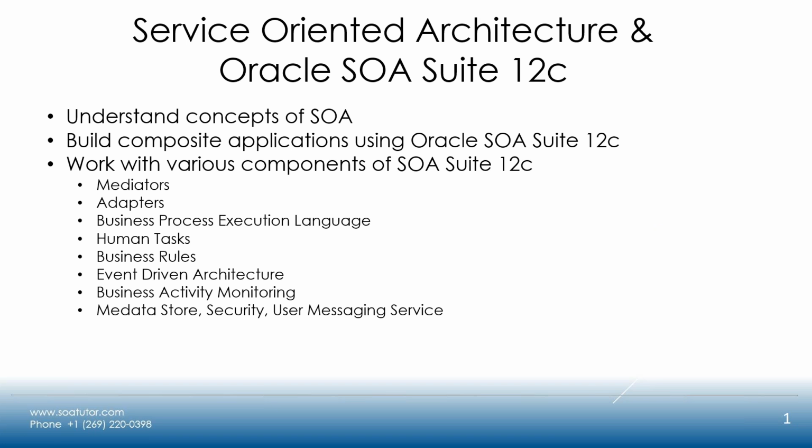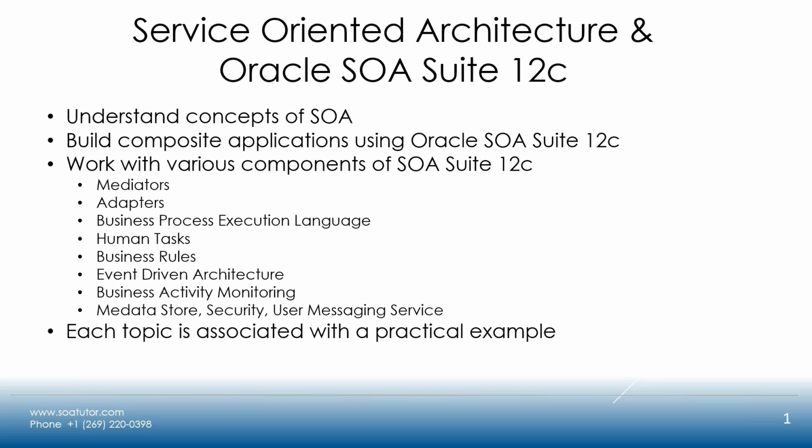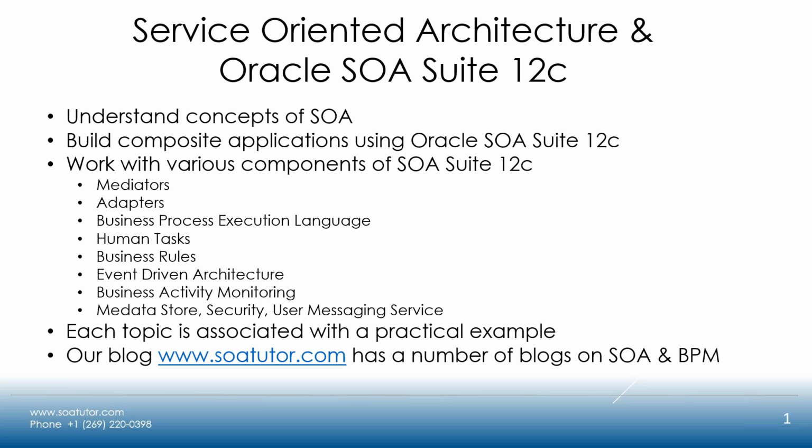Obviously, all these components don't make sense at this point of time, but I'm just giving you an overview. In the entire course, you will understand each of these topics, and then we'll do a practical example right within the session, so that after the session, you can do it yourself and be more familiar with it.